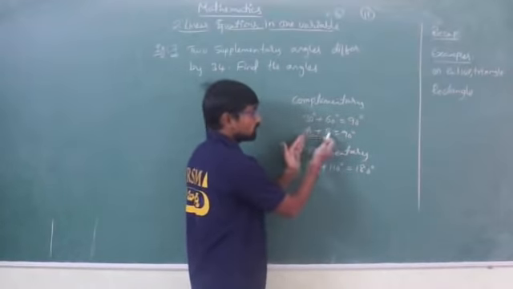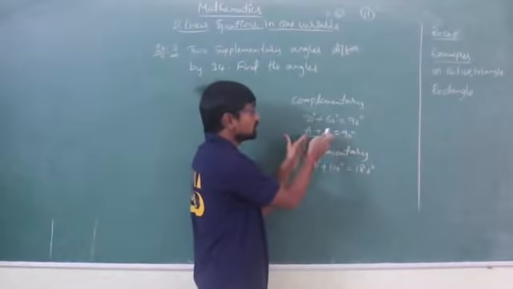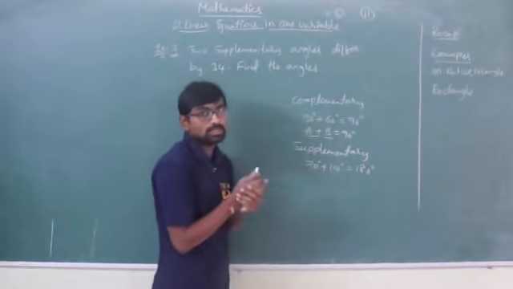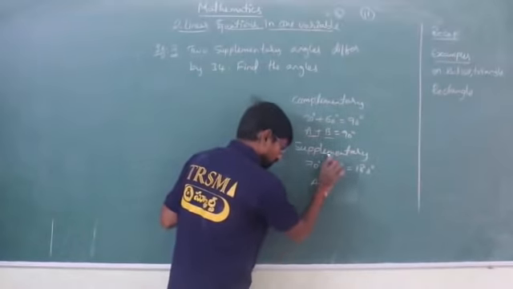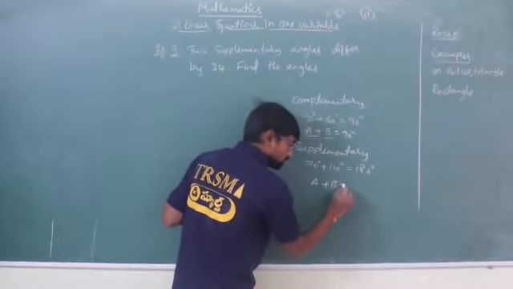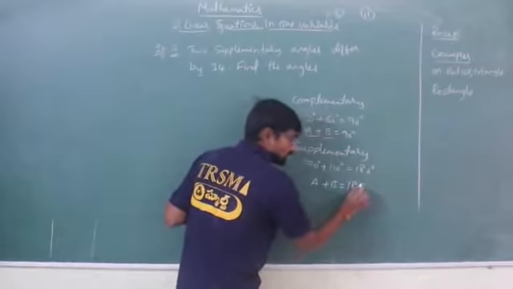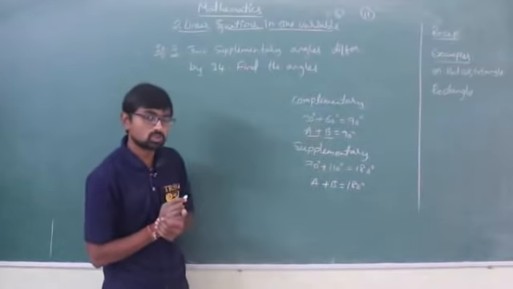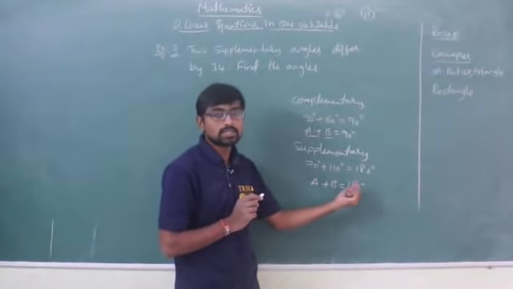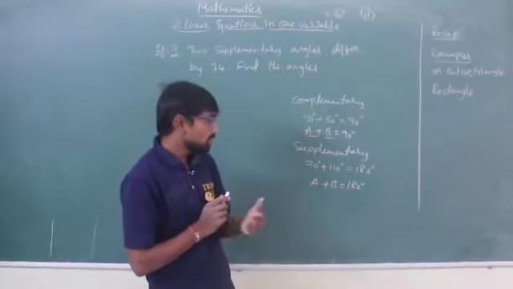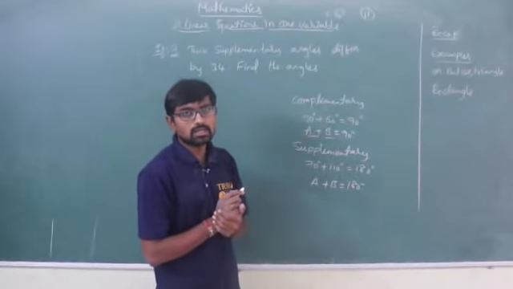If I add both angles I get 90 degrees, so they are called complementary angles. For supplementary angles, A plus B equals 180 degrees, so the sum of the two angles is 180 degrees and we call them supplementary angles.